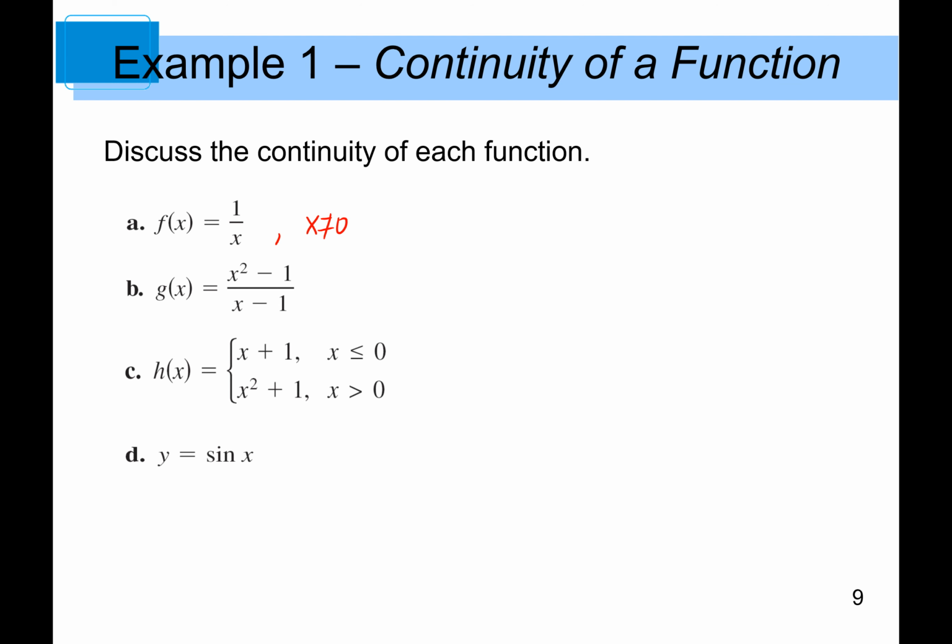And within the domain, it's continuous everywhere, right? And the second one, x cannot be equal to 1. It's still a rational function, and within its domain, it's continuous everywhere. And h of x equals, this is a typical piecewise function.